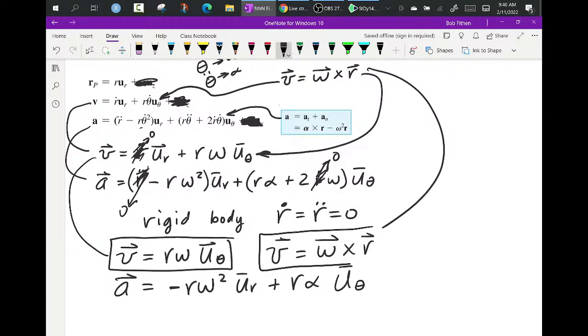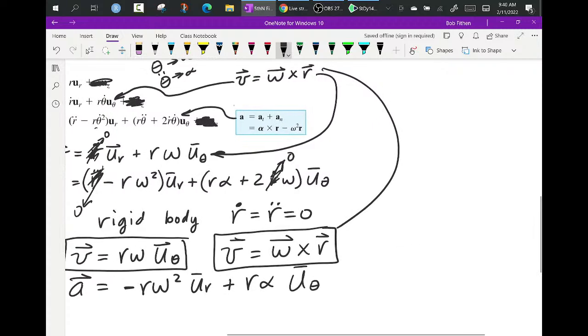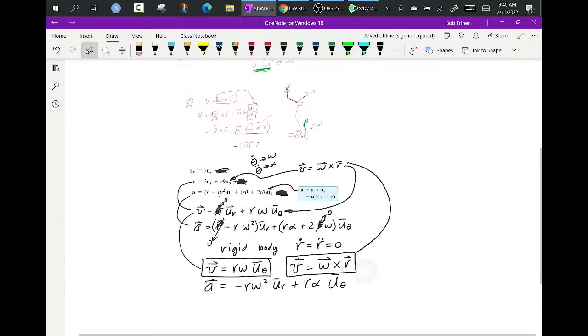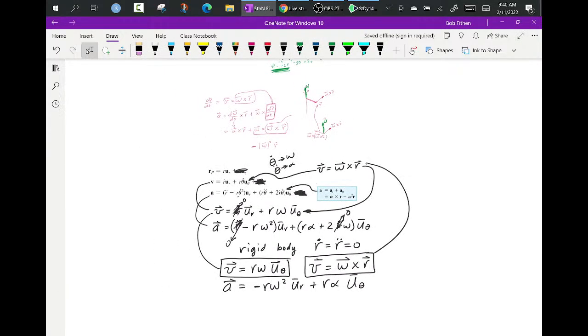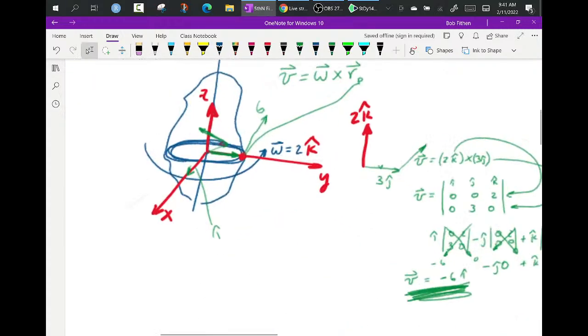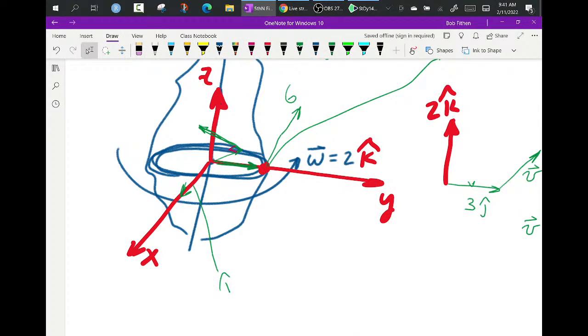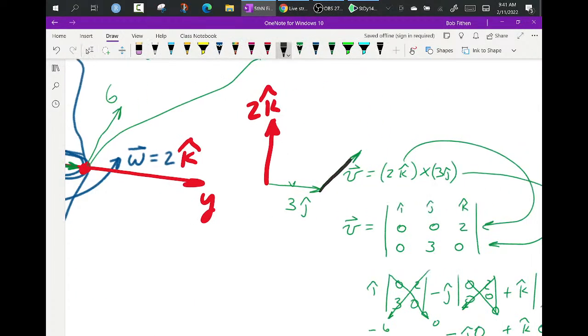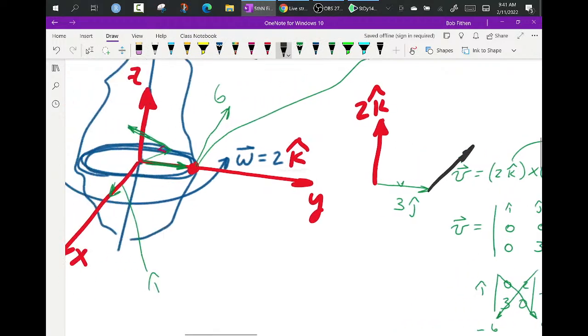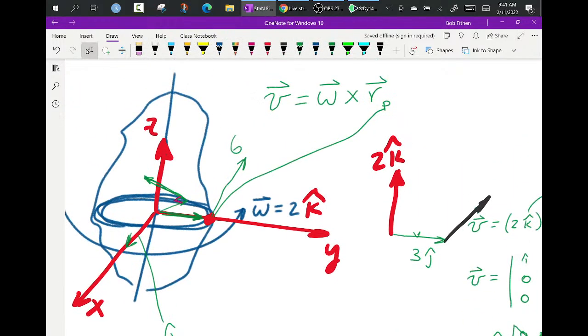In fact, if you look back at it, the direction of omega cross r is in the direction of u theta. You have to remember, when we were doing polar, we had a base vector here, ur, and a base vector going up here, u theta.